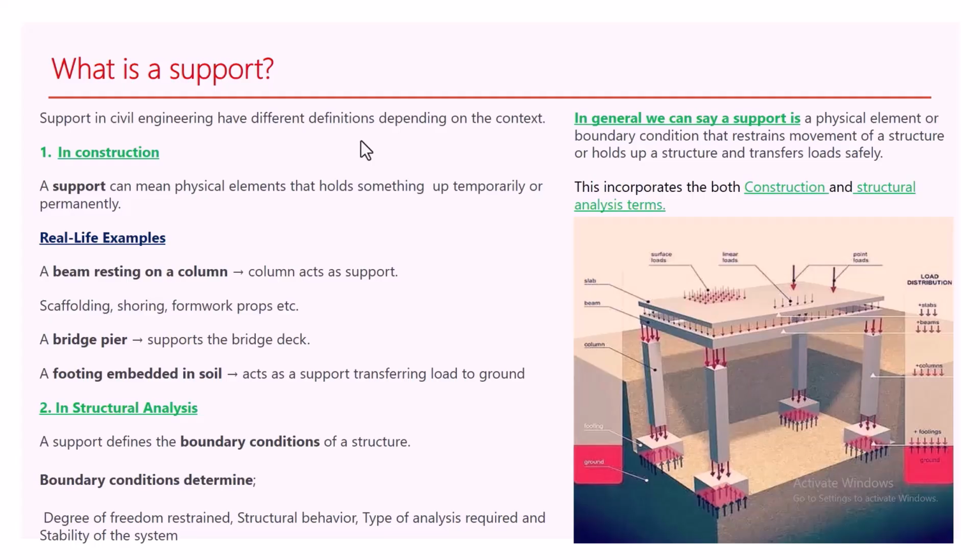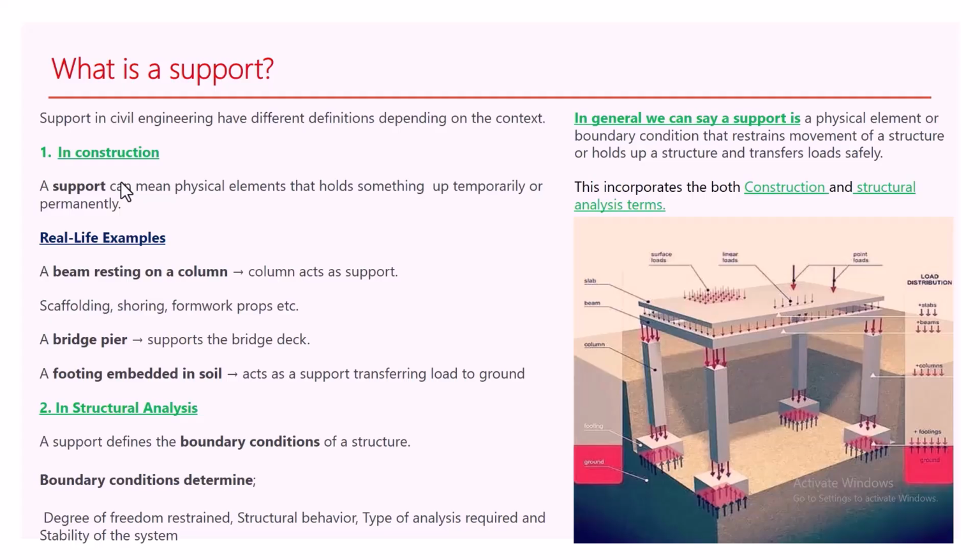So when we come to construction, which is the first one, what is a support? A support can mean a physical element that holds something up temporarily or permanently. An example is when doing your formwork when you want to cast your slab, you provide a prop to support your formwork.